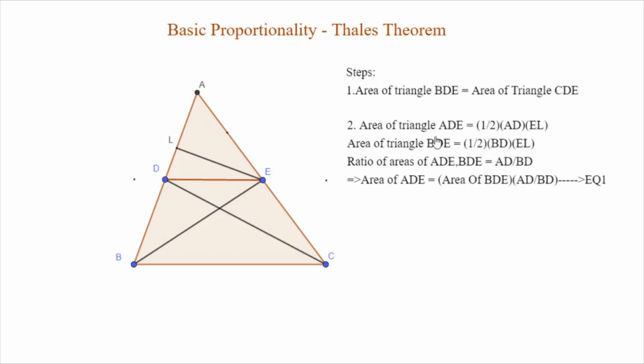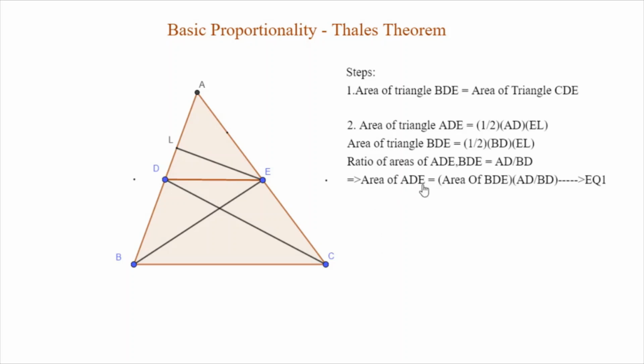And if you take the ratio of area of triangle ADE and BDE, it would be AD by BD. This implies area of triangle ADE is equal to area of triangle BDE multiplied by AD by BD. Let us take this as equation 1.